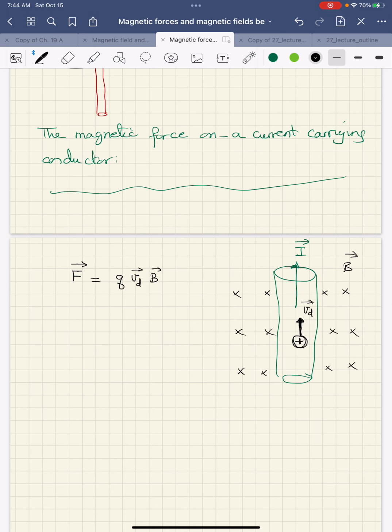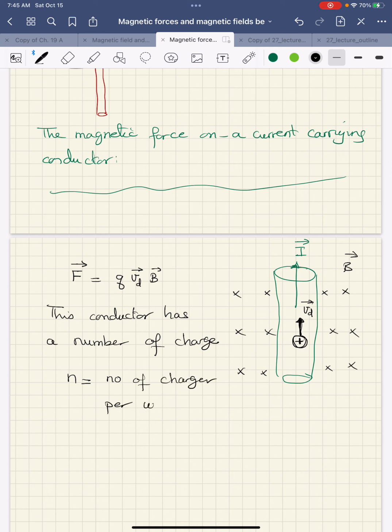Now, if I say this conductor has a number of charges that can be represented, remember we defined before n, which is the number of charges per unit volume.